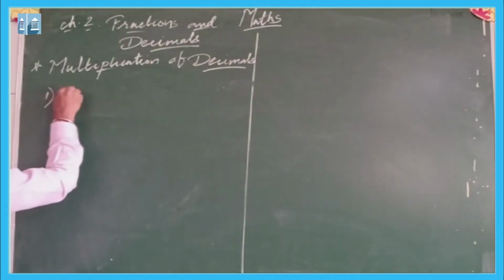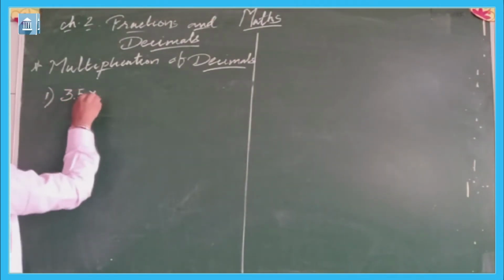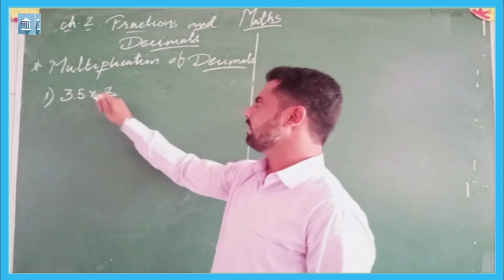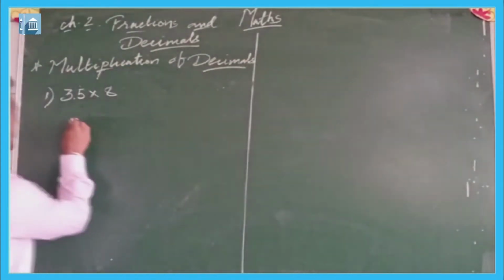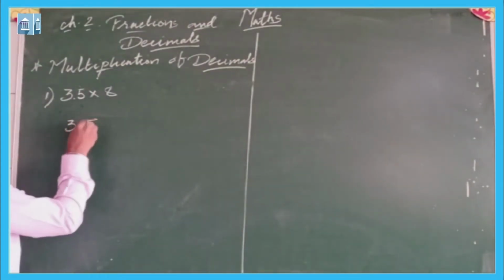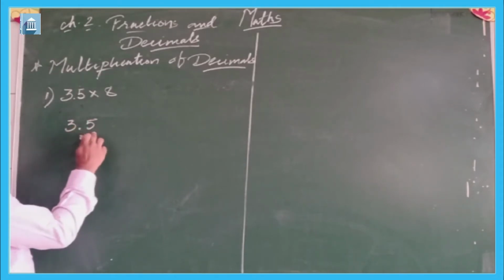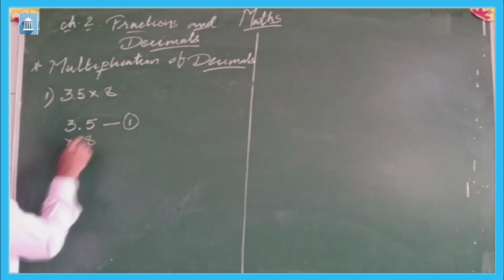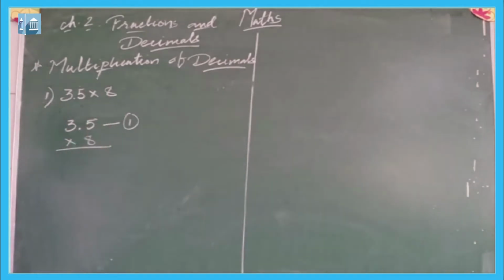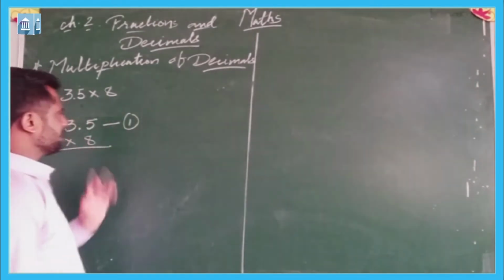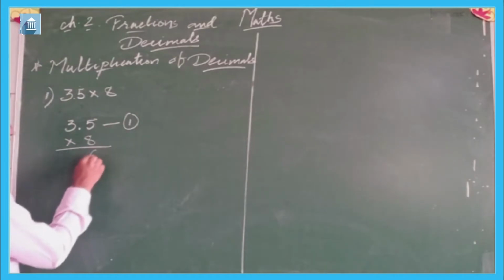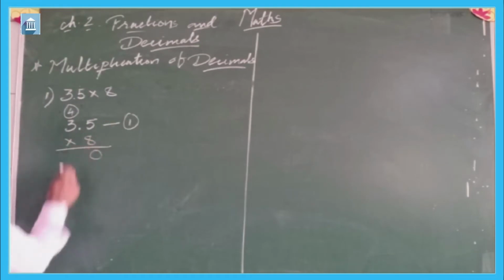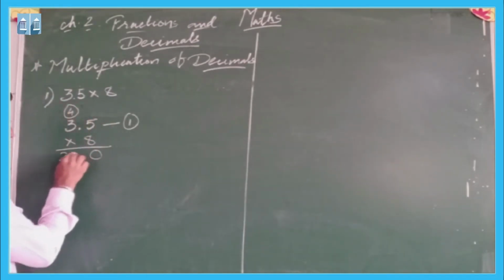First, let us see 3.5 multiplied by 8. Now here 3.5 is decimal number while 8 is whole number. Now let us multiply 3.5 by 8. Here we see that after decimal point there is one digit, so we write 1 here. Now we have to multiply it as we are multiplying in number. 5 multiplied by 8 is 40, so 0 here, 4 here. 3 multiplied by 8 is 24 plus 4 is 28.